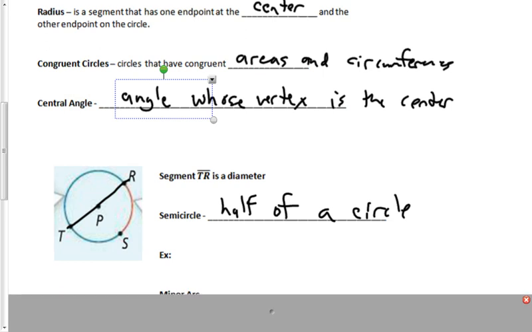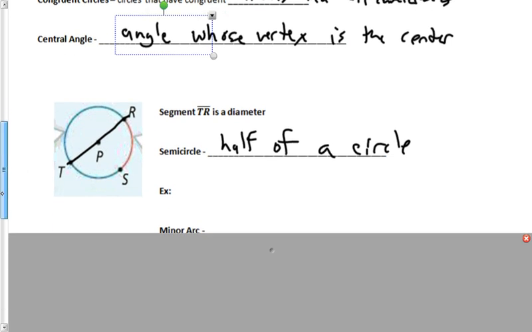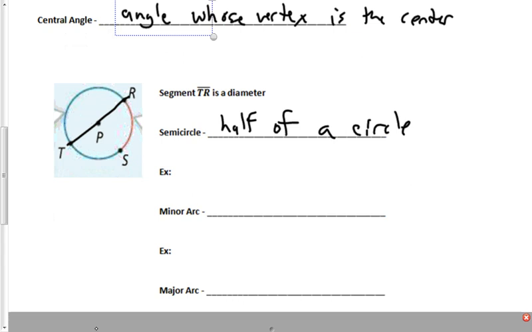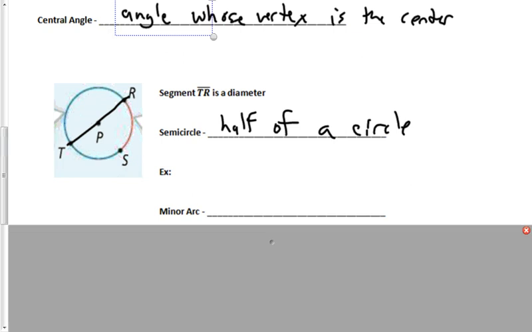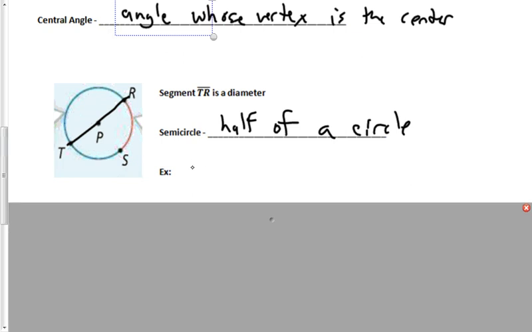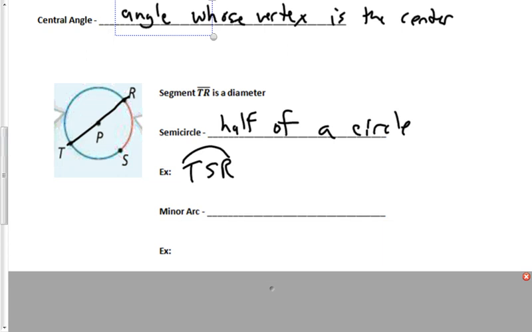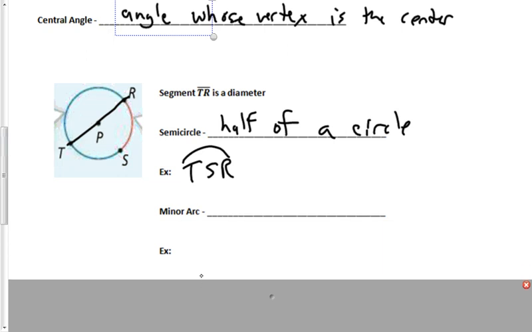For example, when we're dealing with arcs, we're going to say this would be TSR. So a semicircle is the arc that's half the circle. A minor arc is something that's smaller than half the circle.